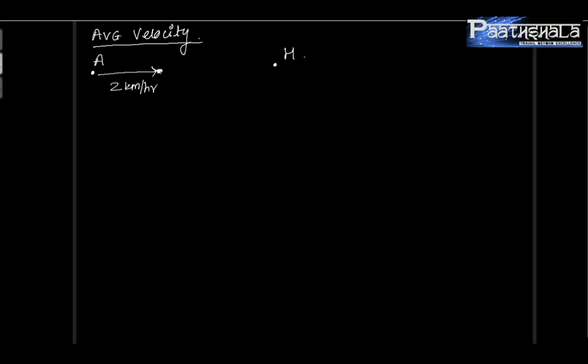Then from here to here, he takes a train and the train goes at a speed of 40 kilometers per hour. This is for 2 minutes and this is for 30 minutes. Alright.